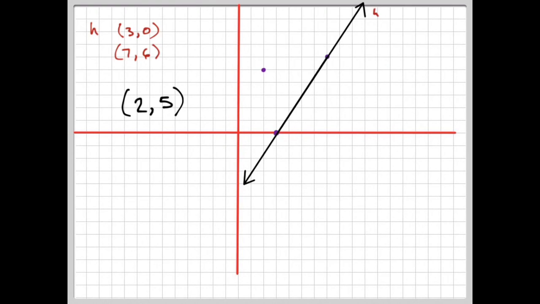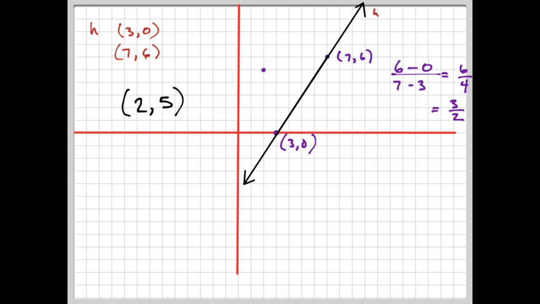So what's our slope of h? This point was 7, 6. This point was 3, 0. If we do our calculation, what are we subtracting on top? 6 minus 0, so what on bottom? 7 minus 3. What do we get? 6 over 4, which reduces to 3 over 2.